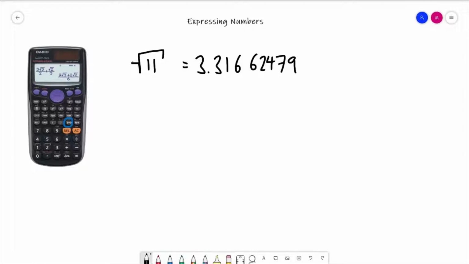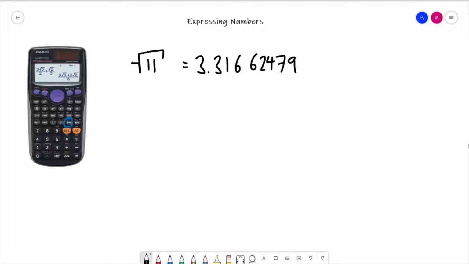Square root of 11 will go on for a long time, in fact, because we're taking the square root of a prime number. It is irrational and will therefore go on forever. Now, in physics, we never want to leave an answer in terms of a surd, square root, and we definitely don't want to give an answer which is in theory to an infinite number of significant figures.